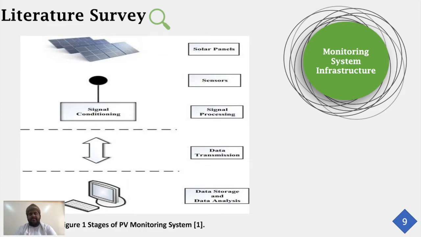The solar panel converts sunlight to DC, and then sensors collect the data from the feed and send them to the data logger using the signal processing layer. Then the data will be transmitted to the cloud server in the data transmission layer, and finally it will be stored there and the user can analyze them.